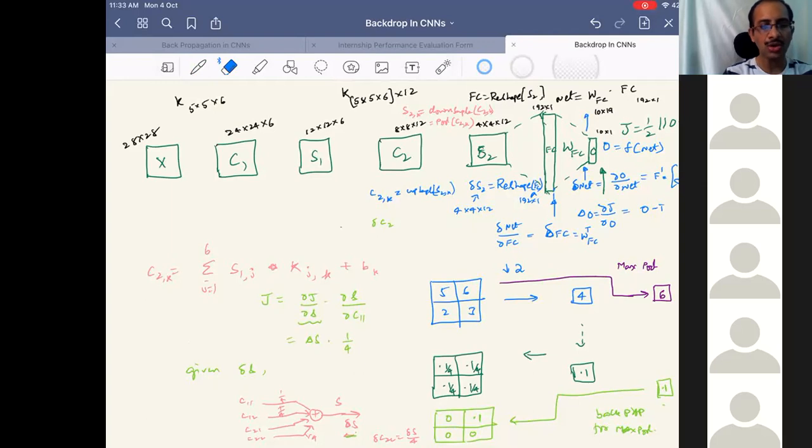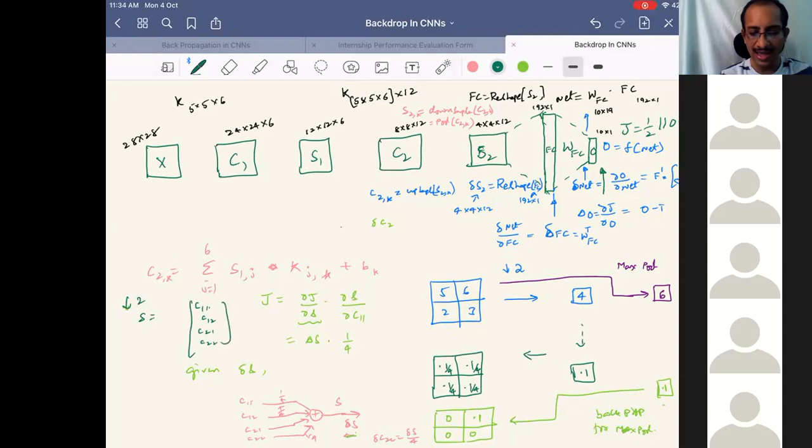So just to give a short description of downsampling: when downsampling by 2 happens, we have seen that S is formed out of C11, C12, C21, C22, only considering this block.